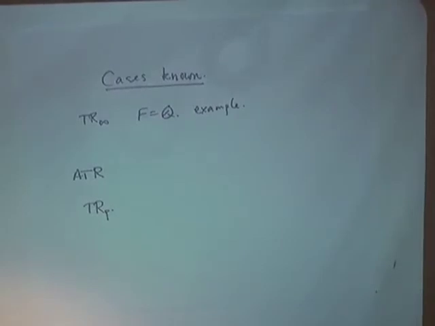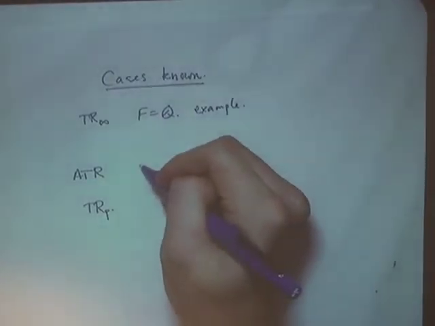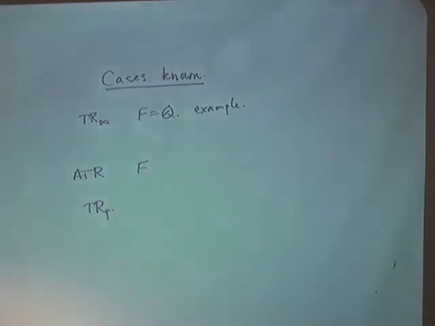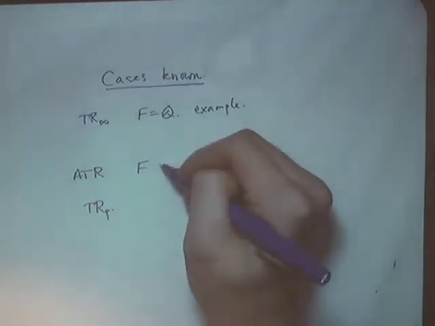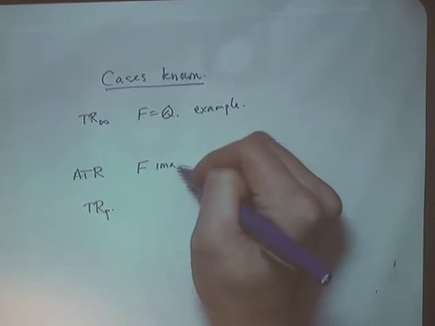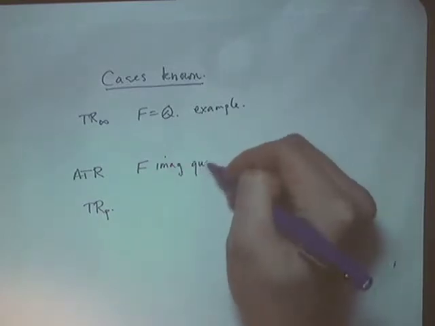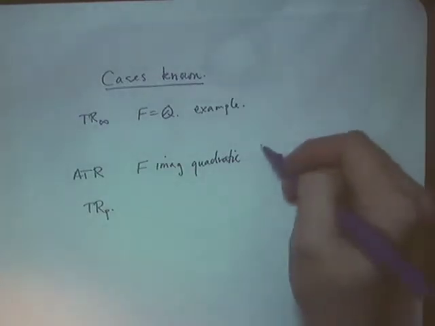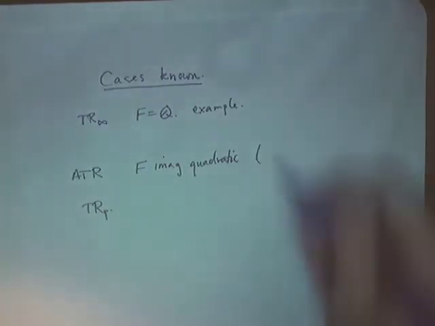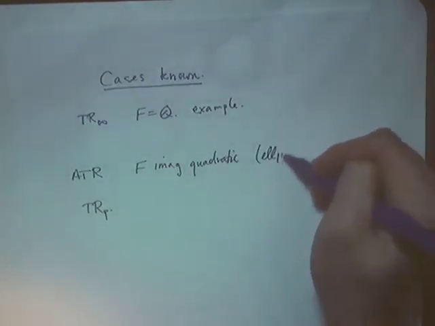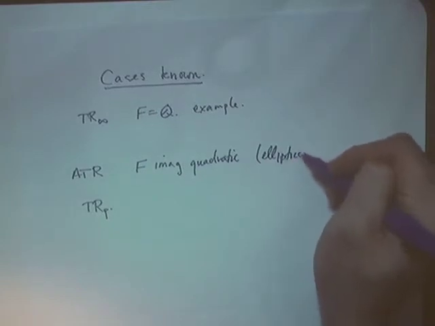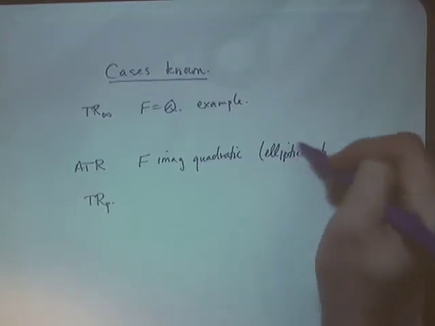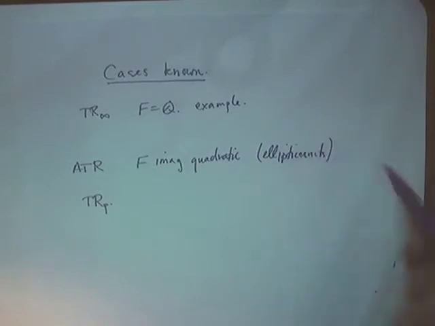And in the ATR case, what's known is only the most basic almost totally real field, the case where F is imaginary quadratic. And here you construct Stark units. Well, in this case, the Stark units are exactly the elliptic units, which are constructed using CM theory.